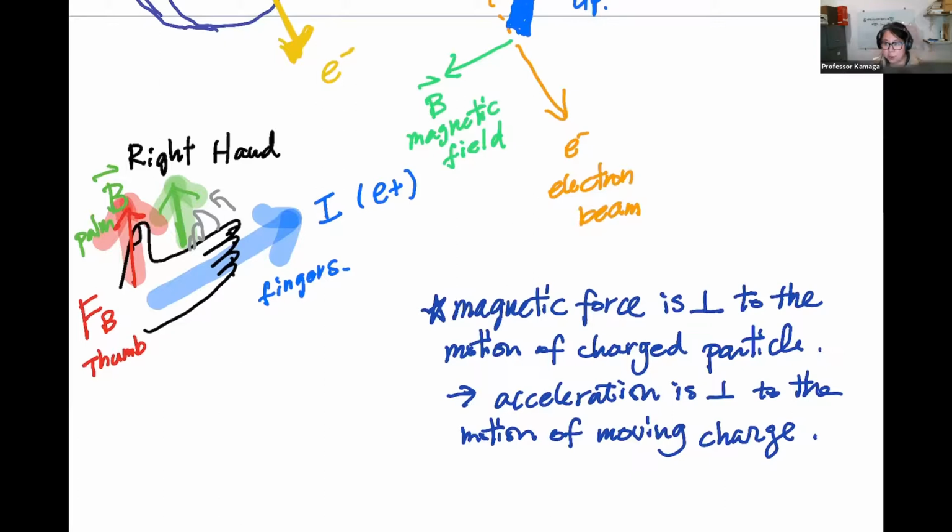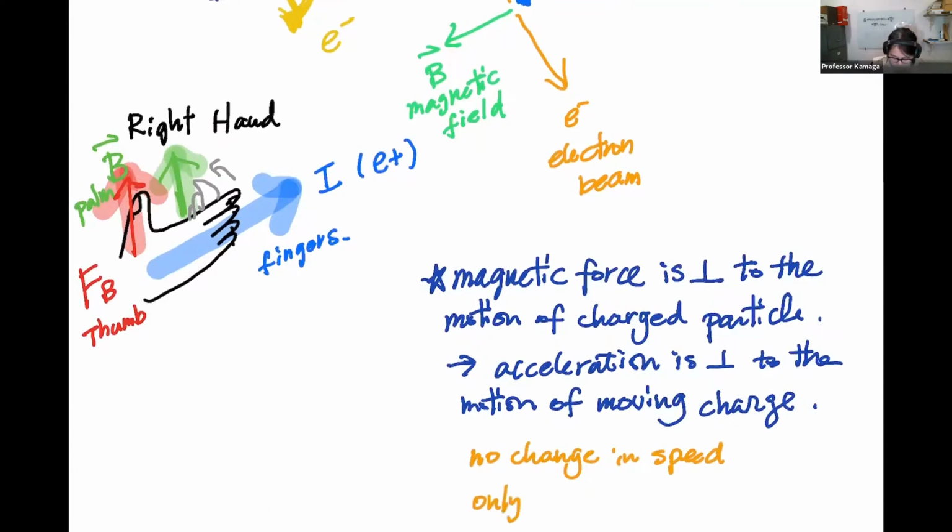How about its direction? Acceleration is perpendicular to the motion, meaning there's no change in speed. Only its direction is changed. So you can use it to deflect the electron beam or any charged particle.